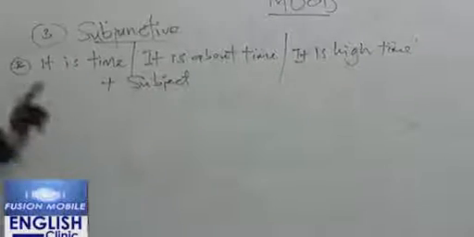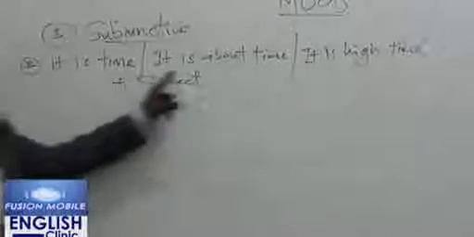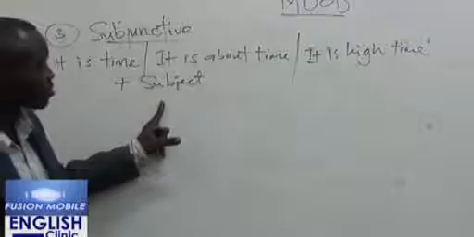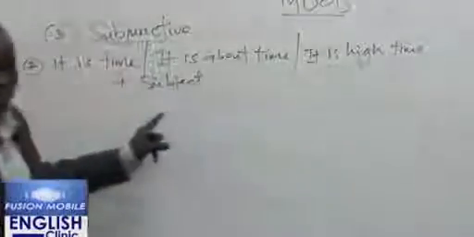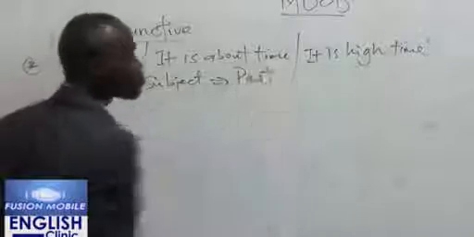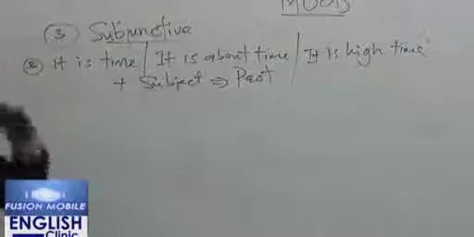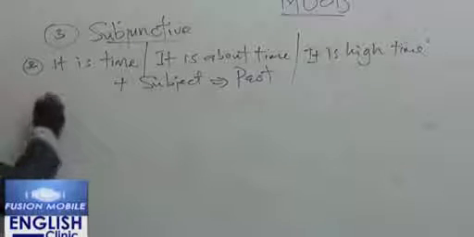Whenever we have any of these expressions, it is time plus subject, it is about time plus subject, it is high time plus subject, we have to make use of what? Of the past tense, to indicate that it is late. Look at the following examples.